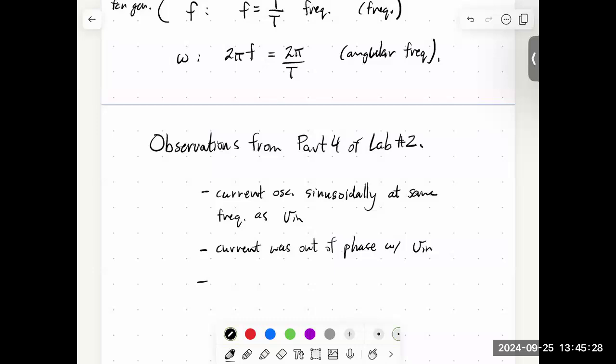If you were to change the frequency knob, you could make the heights of the peaks for the capacitor and resistor change with frequency. So the amplitude of the current depends on the frequency, or the angular frequency omega.